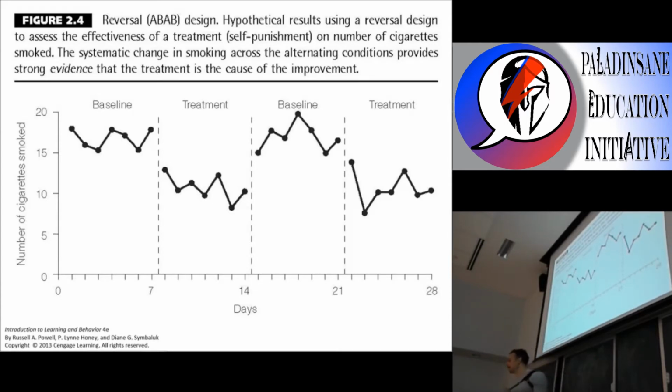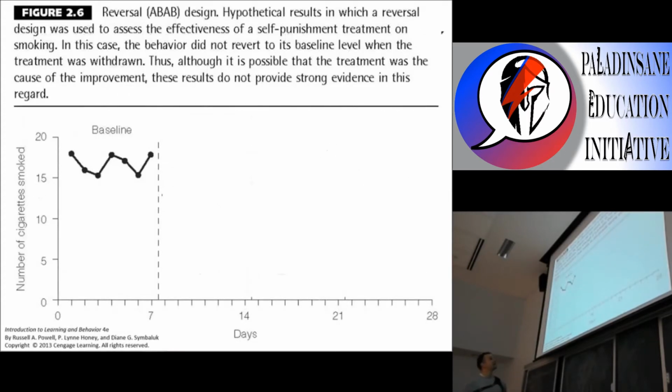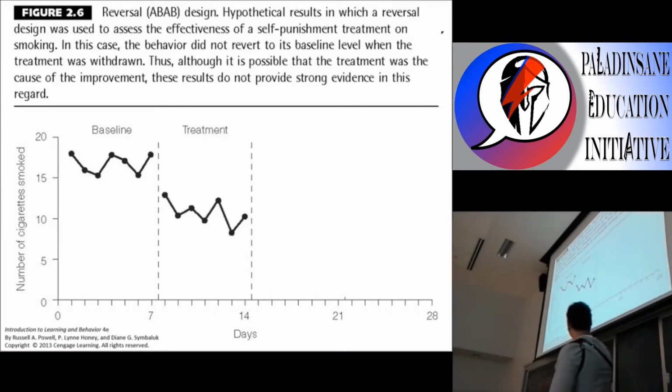So that's the pattern of behavior that indicates that it was your treatment that caused the desired change. However, it is possible that you do your baseline phase, institute your treatment phase, and then you go back to baseline, right? So you go back to that reversal and you say, all right, for this period here, I don't want you tearing up $5 bills, just smoke as much as you want.